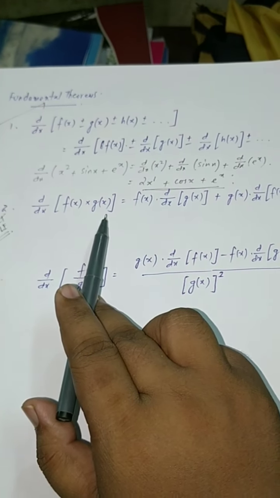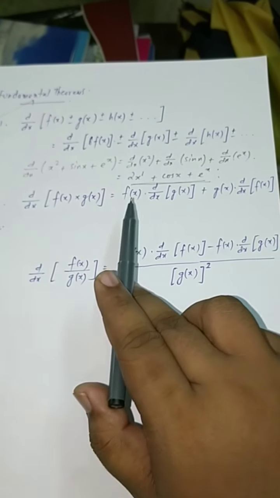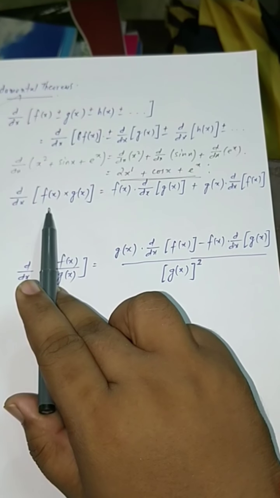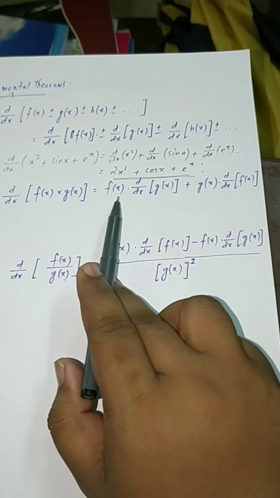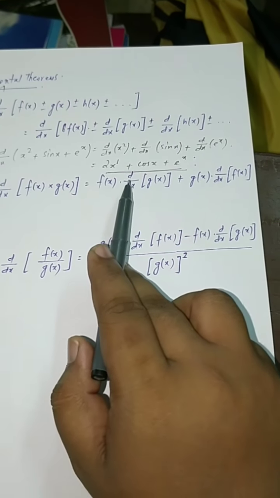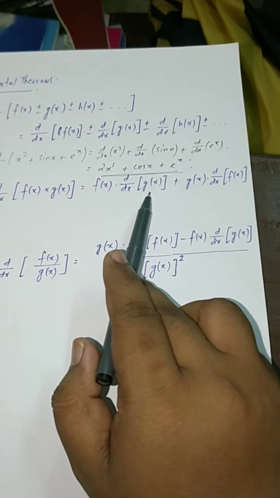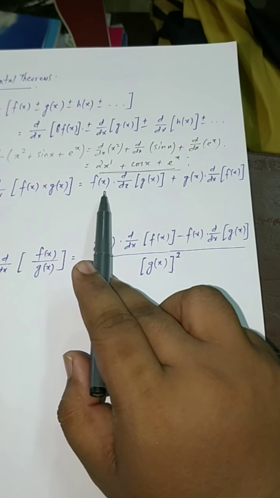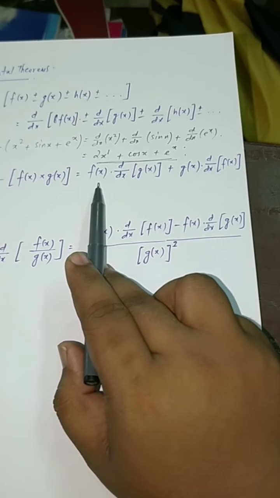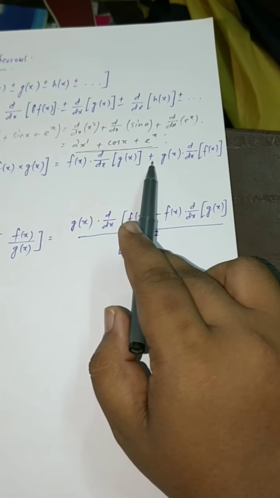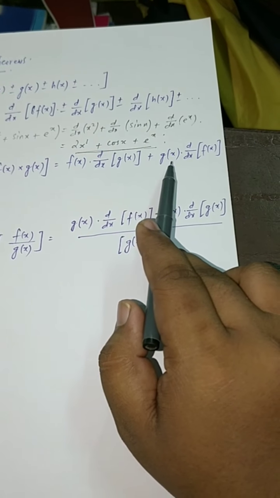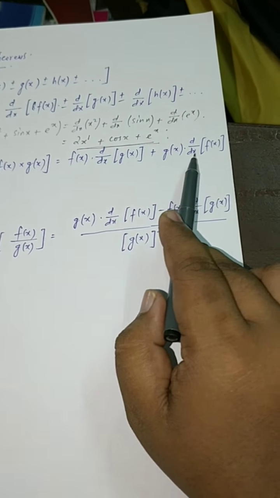We have a simple logic here: let this f(x) be the first function and g(x) be the second function. So you keep the first function out of the differentiation, differentiate the second function. We can see d/dx of g(x). So we have kept f(x) outside the differentiation, we have differentiated g(x), and we have given a plus sign. Now vice versa, we will keep g(x) out of the differentiation and differentiate f(x), as simple as that.